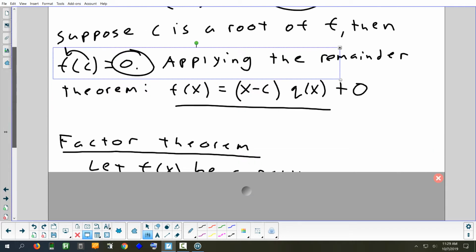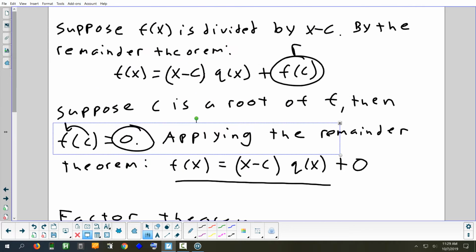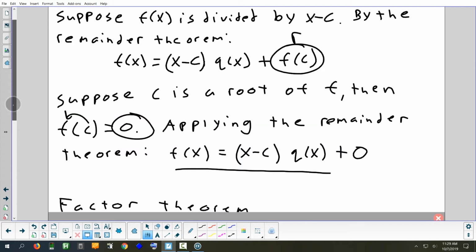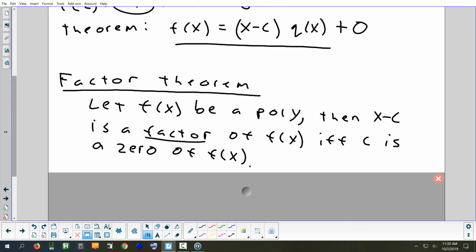So what that basically means is that gives us what's called the factor theorem, right? If a number is a root, that means you take that number, you plug it into your function, and you get 0 for the remainder. So that's all that the factor theorem really is. It's kind of like the remainder theorem, except you're always saying the remainder would be 0. Okay, that's what the factor theorem is.